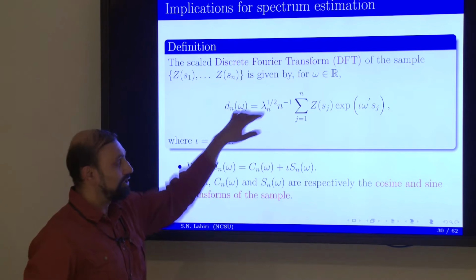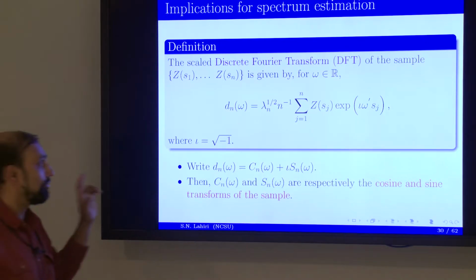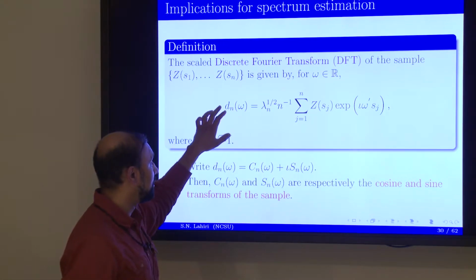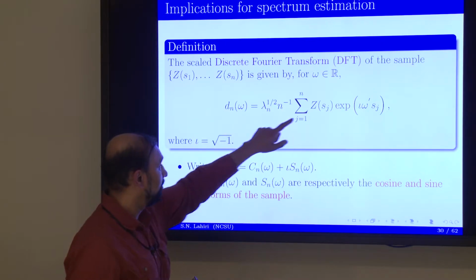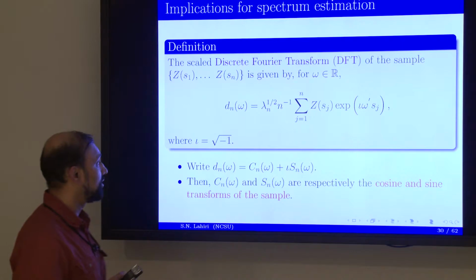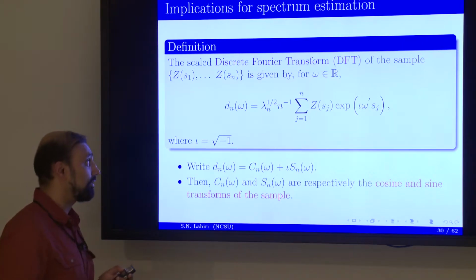But the scaling here, you can again get the sense of why this is the right scaling that will give you a variance for the real and the imaginary parts of d n omega that is not vanishing or blowing up.